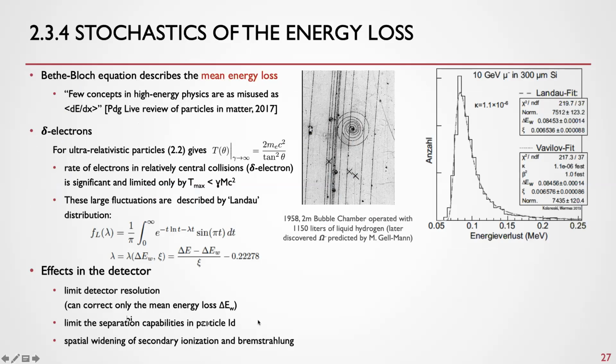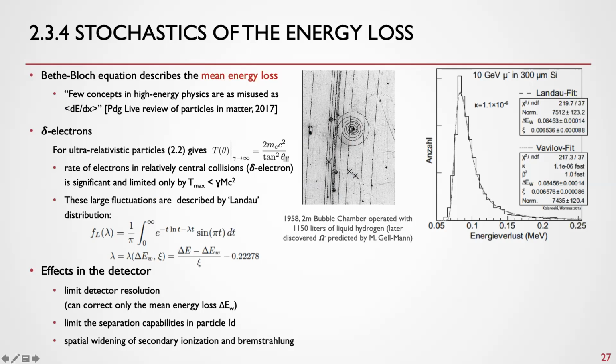This also limits the detector resolution, for example, in tracking detectors, it limits the separation capabilities of particles in time projection chambers, and it also causes a spatial widening and secondary ionization with subsequent bremsstrahlung.